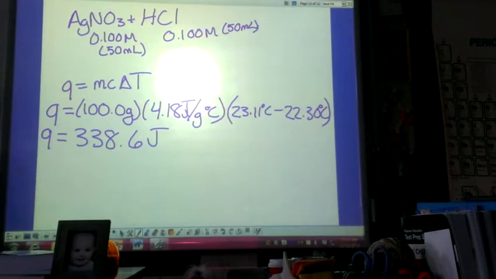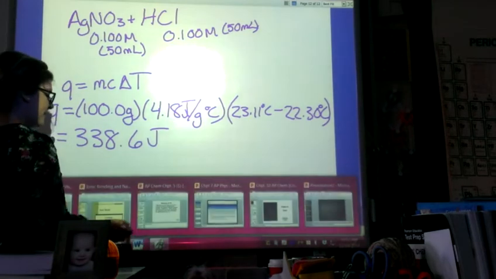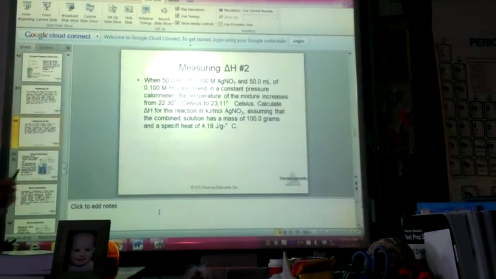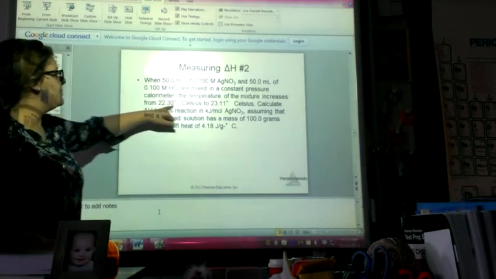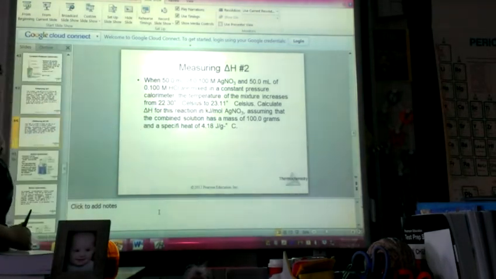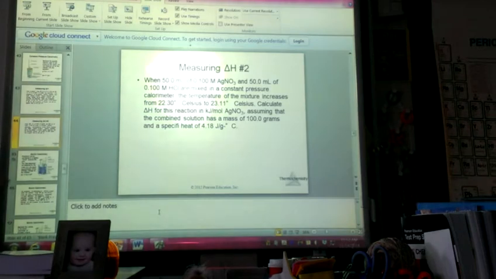And again, I want to think about silver nitrate and how it's reacting with HCl. In this case, I'm going to look at my temperature change to determine what Q should be in terms of its sign. Is it positive or negative? The temperature of the mixture is increasing from 22.30 to 23.11.